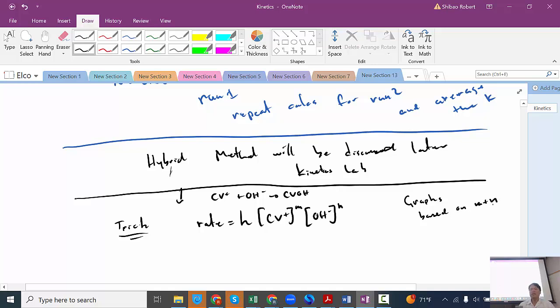So if M plus N is equal to 0, then we'll have a 0 order graph. But if M plus N is equal to 0, how are we going to figure out what M is, and how are we going to figure out what N is? Because there are an infinite number of possibilities that lead to 0.